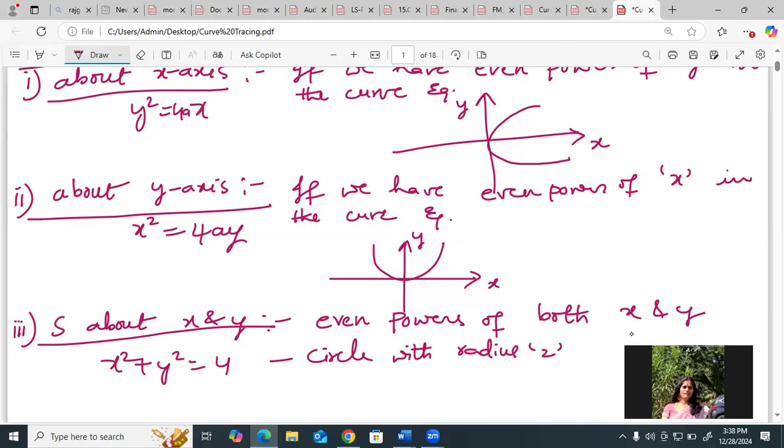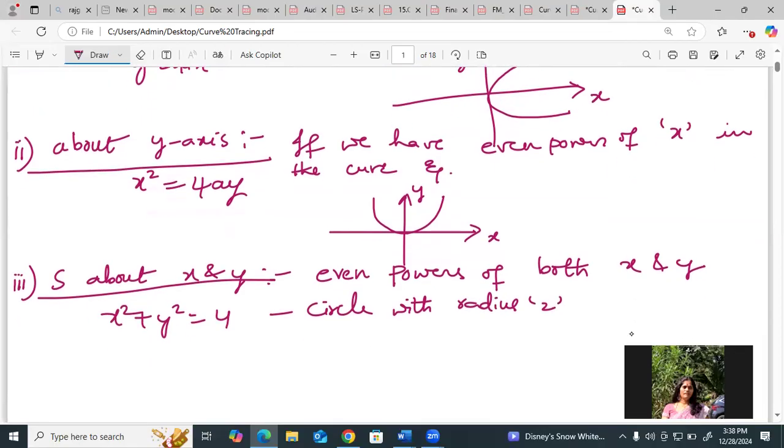Now, what exactly is symmetry if you want to understand, guys? Symmetry is nothing but the mirror image kind. In a mirror, if we look at ourselves, left side of ours will appear to be right and right would appear to be left. If you're not clear, look at this parabola.